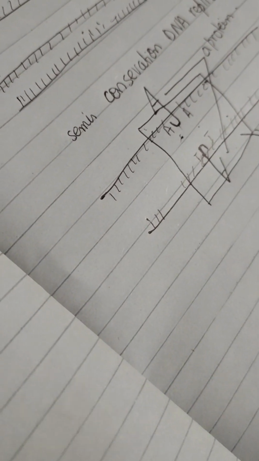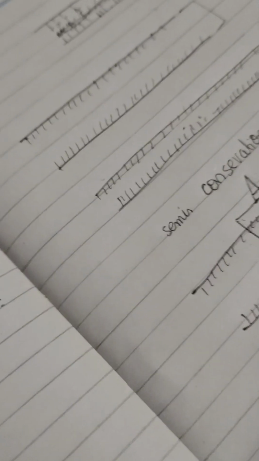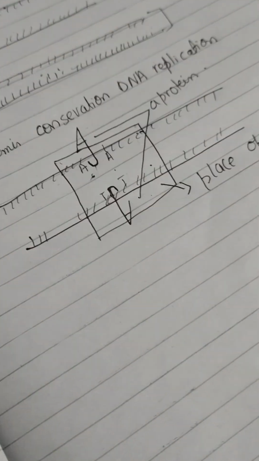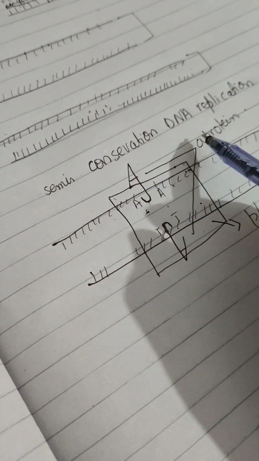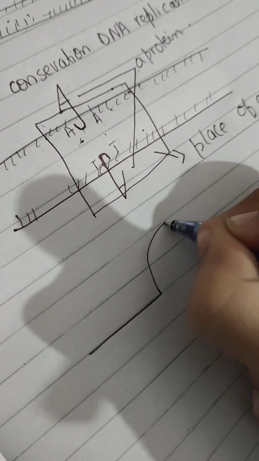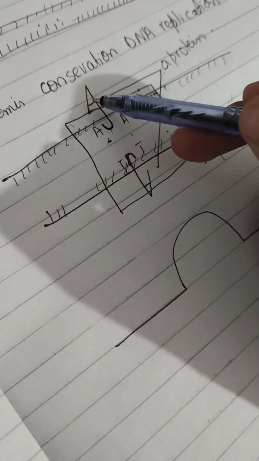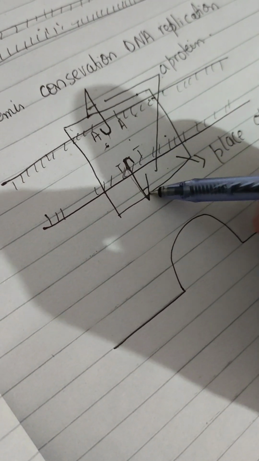Now let's go through it. After the separation, after the work of A protein, the DNA is formed in this bubble-like structure, because we have broken the DNA with A protein by these hooks.